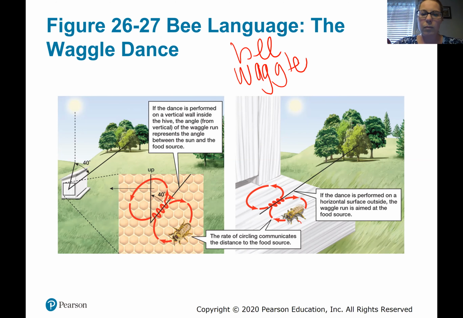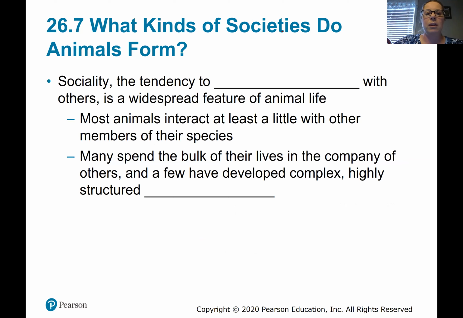And so bees, like other organisms, live in a society. And a society is basically where animals tend to associate with others. Bees have a really strong, very well-developed society, where other animals may be more solitary.